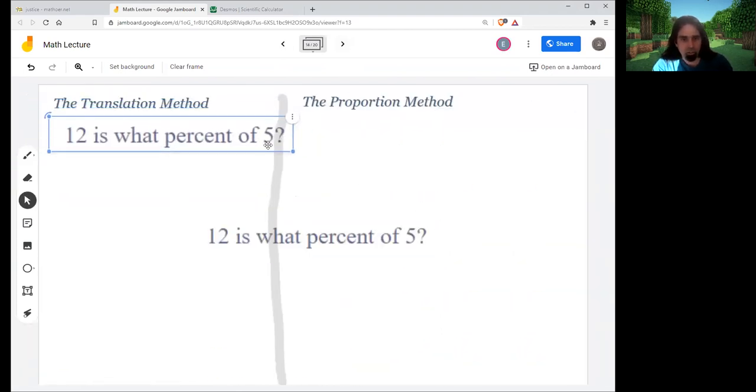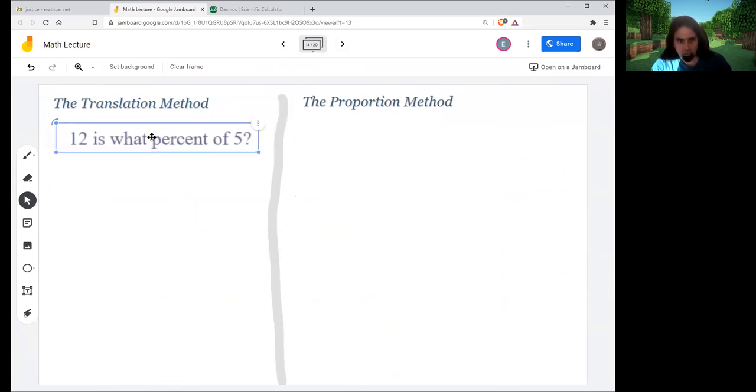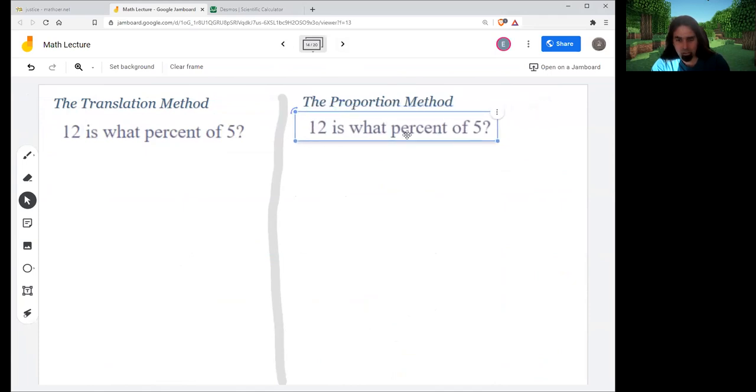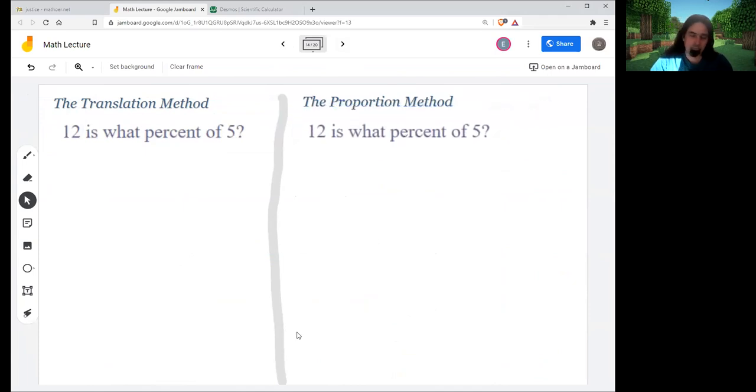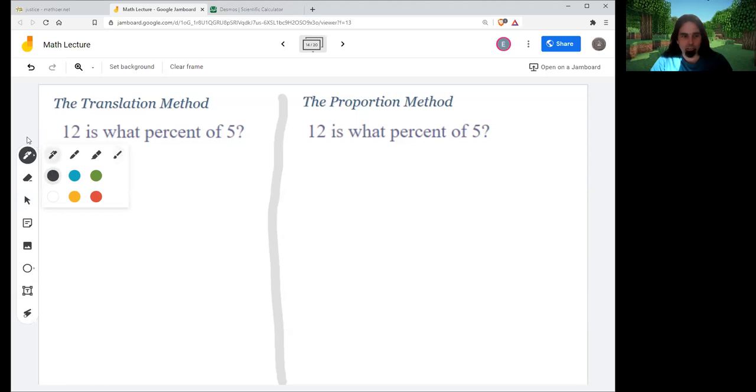Before we start, is our answer going to be bigger than 100 or less than 100? Bigger than 100. Yeah, it's more than 100% of 5. Because what's 200% of 5? 10. It's going to be even bigger than 200%.